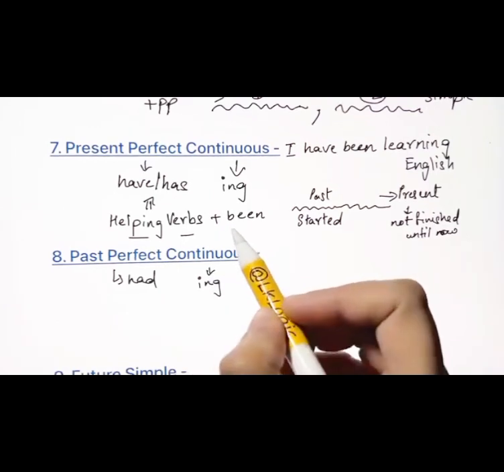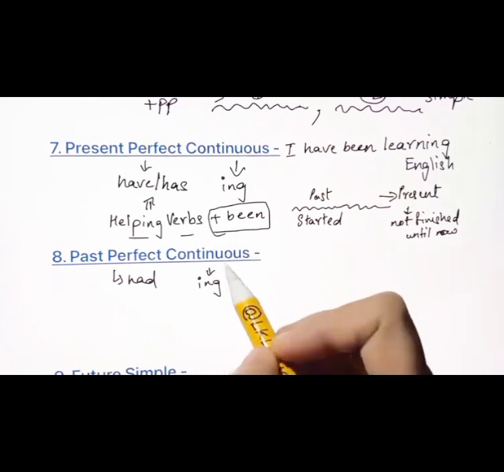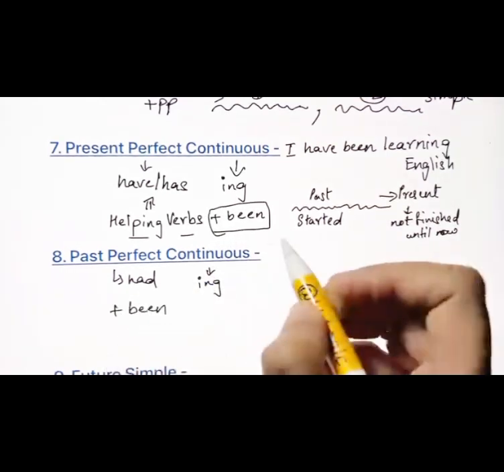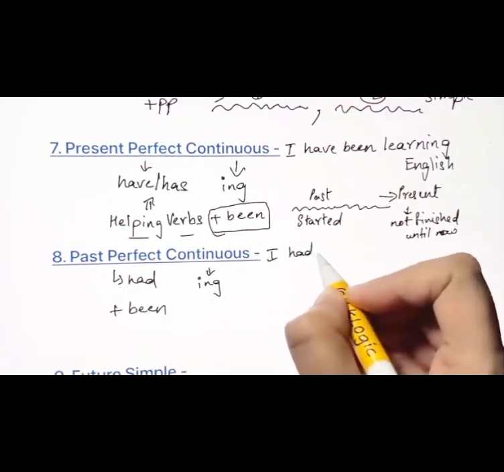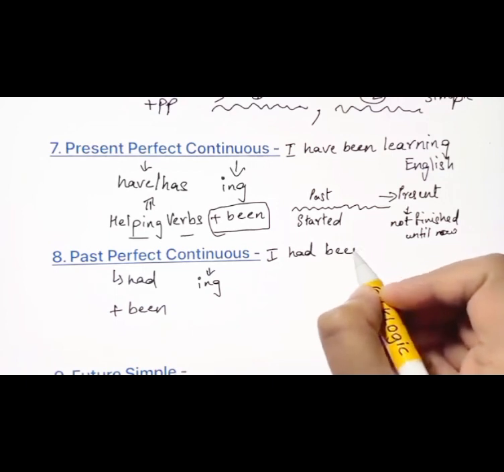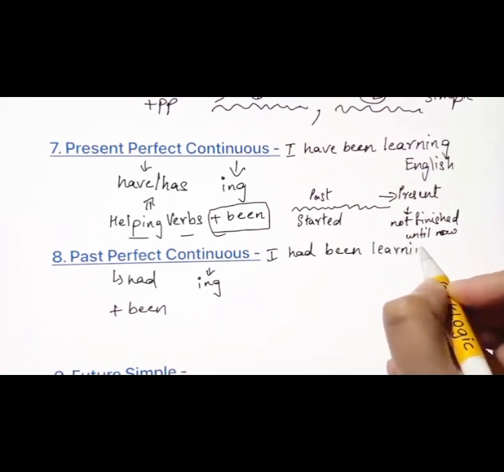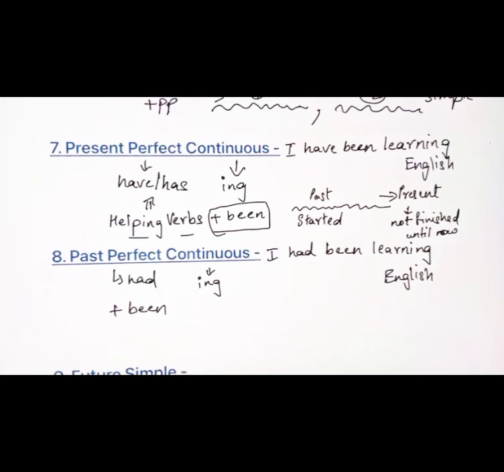Right? And as I told you, there should be a second helping verb as well. Had plus been. So let's form our sentence. I had been learning English.